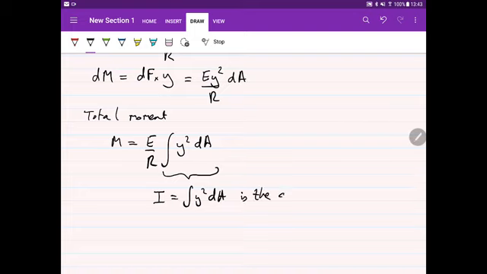We can just look those up in tables depending on the shapes. So we can just substitute this value I in for this integral, and we find that the total moment is just going to be equal to E times I divided by R.